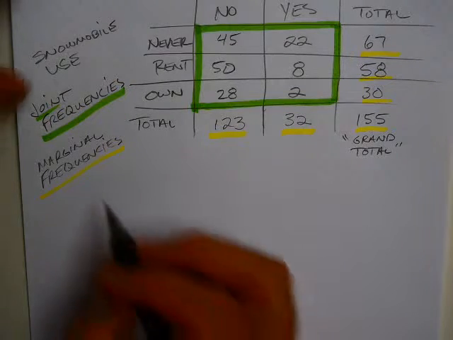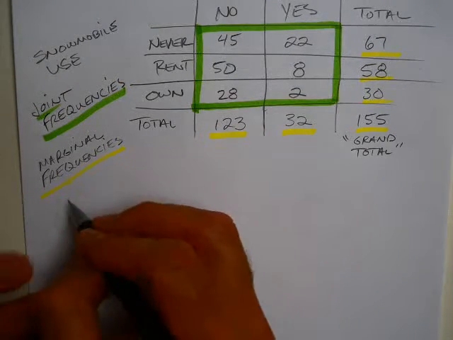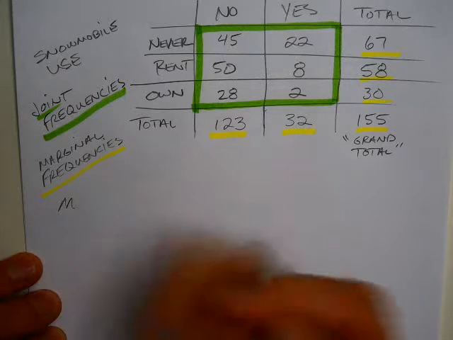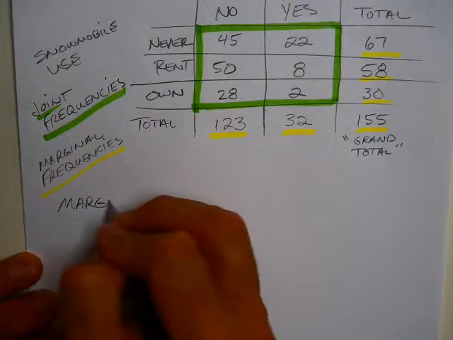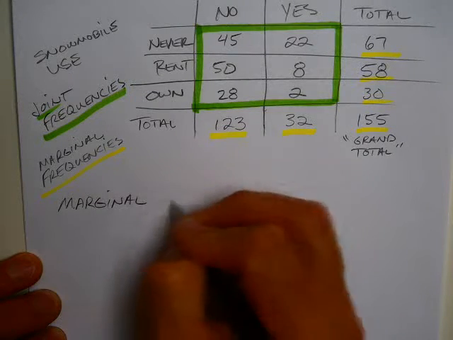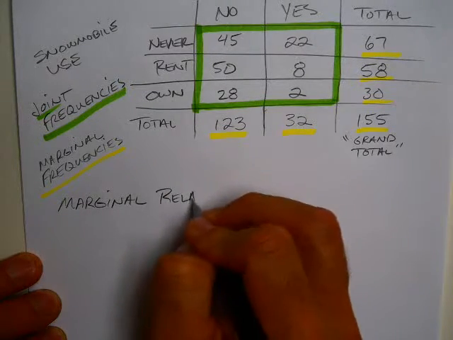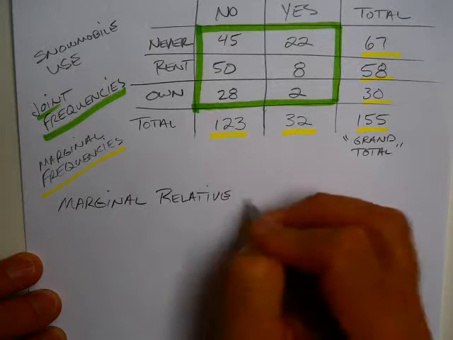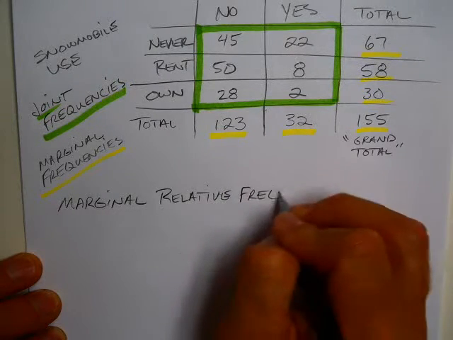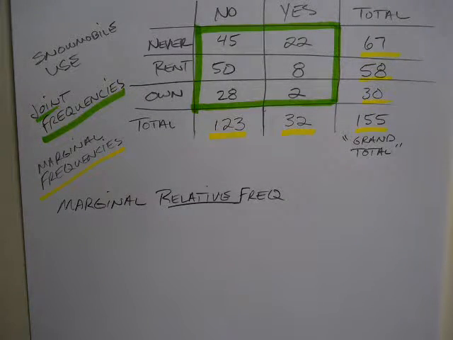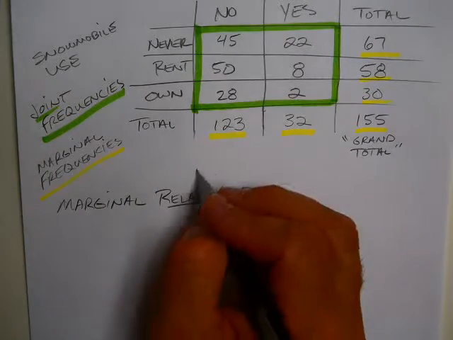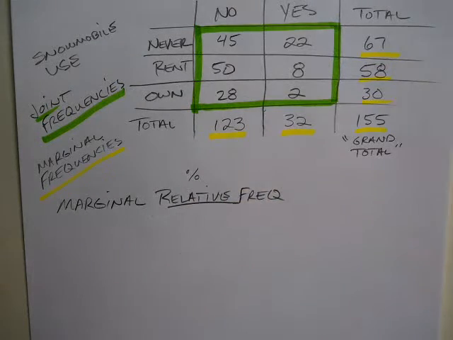So, what do we do with that stuff? Well, there's a few things we could do. We can find the marginal relative frequency. When you see the word relative, I want you to be thinking percent. Percent is a way that we can compare things in a relative sort of fashion.